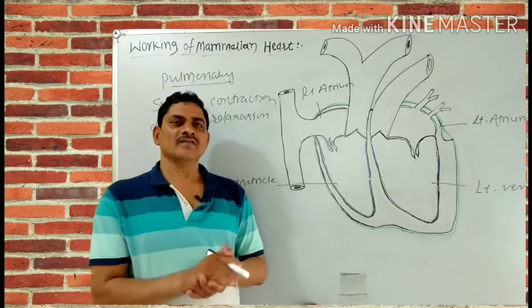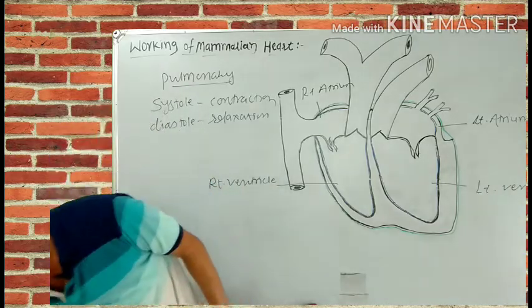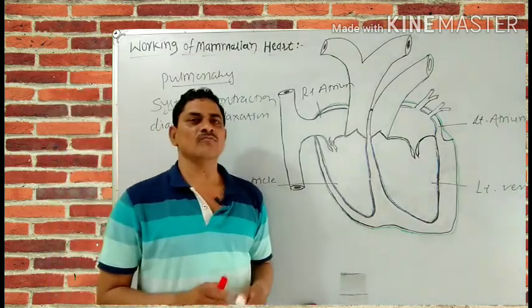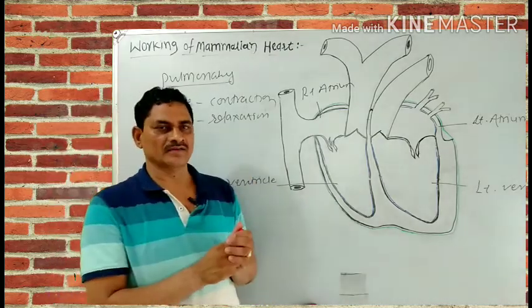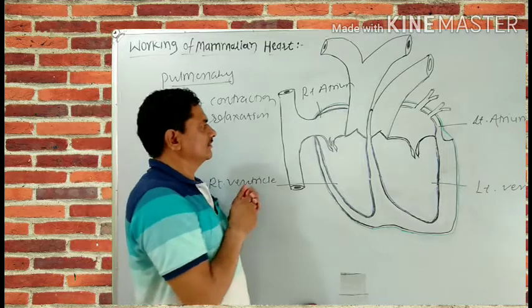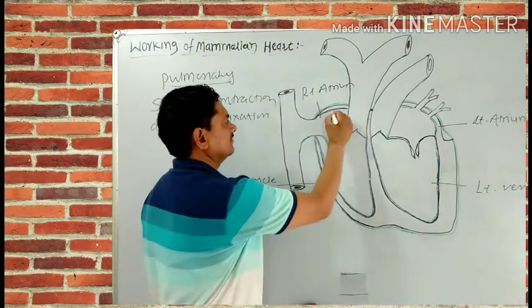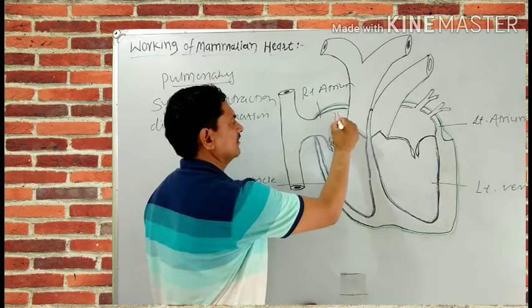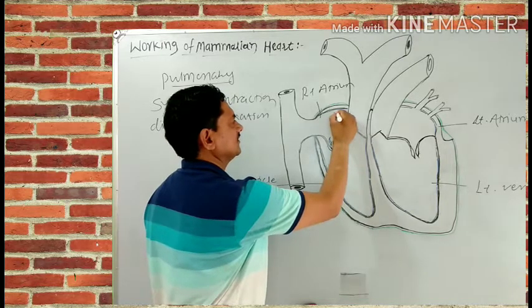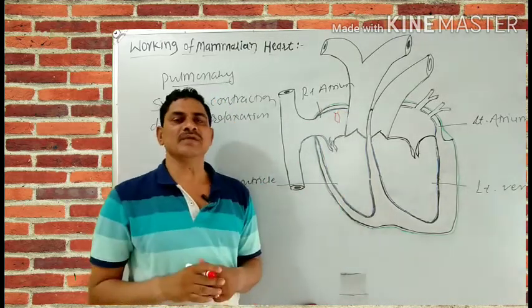Why does this contraction occur? This contraction occurs because a modified tissue is present in the heart. Particularly in the right atrium, there is such a type of modified heart tissue. This is called the pacemaker.